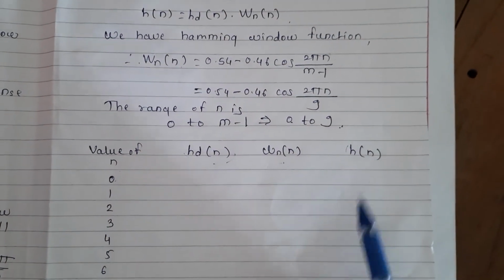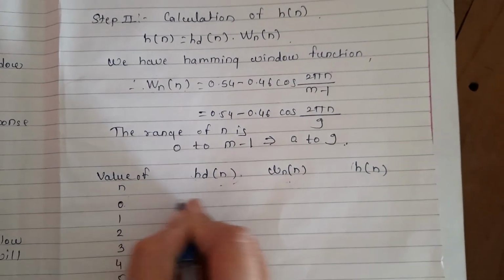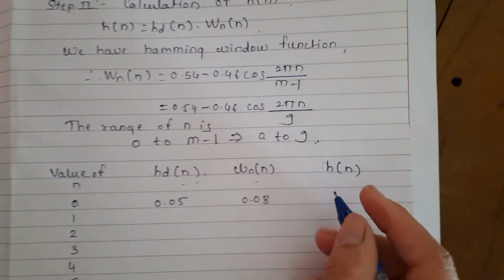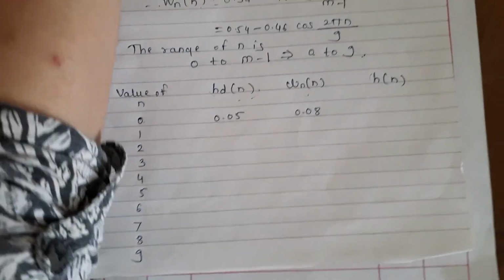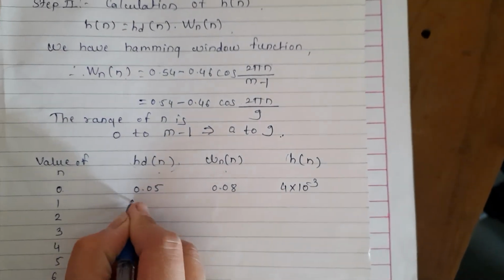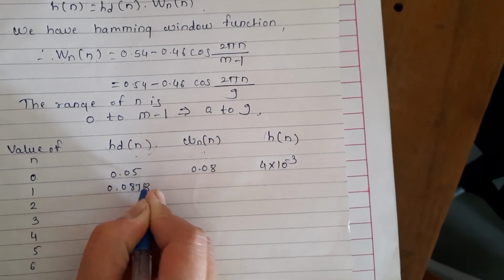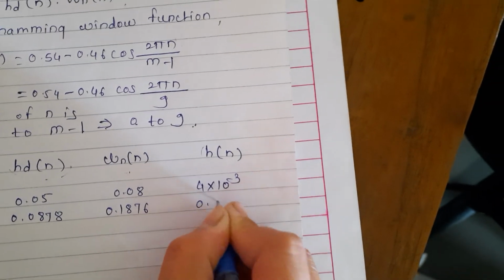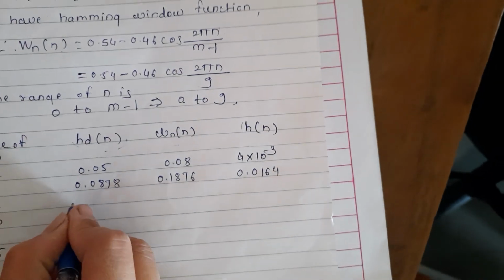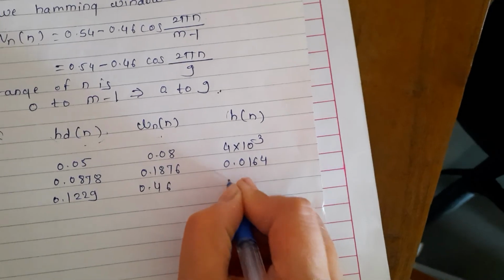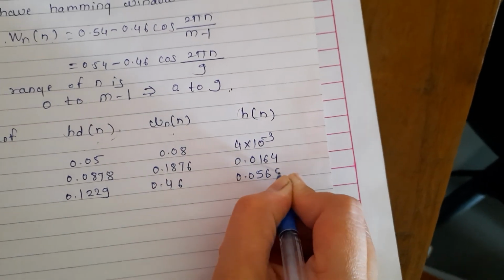So here we directly write the answers. For n equal to 0 it is 0.05, it is 0.08, and it is 4 into 10 raised to minus 3. Next is 0.0878, 0.1876, 0.0164, 0.46 and 0.0565.